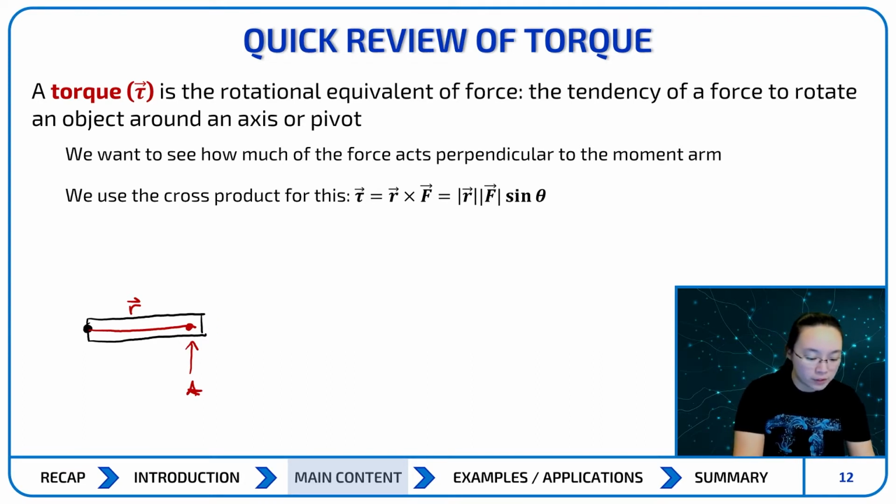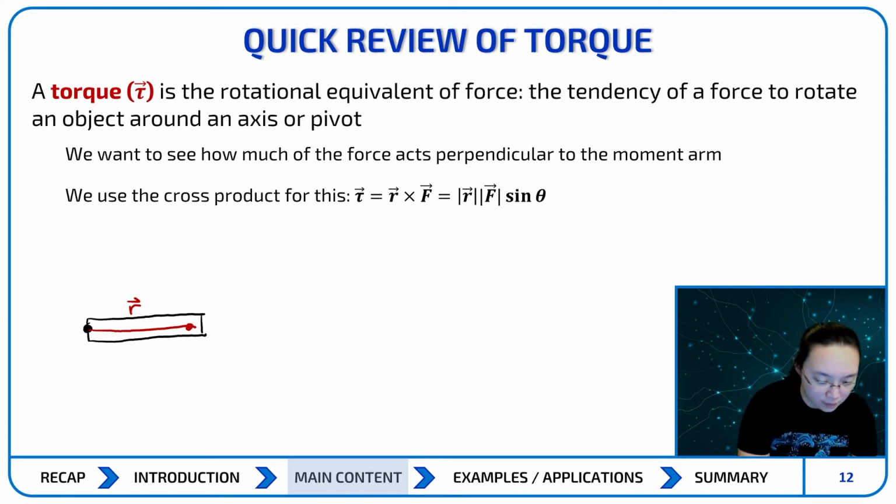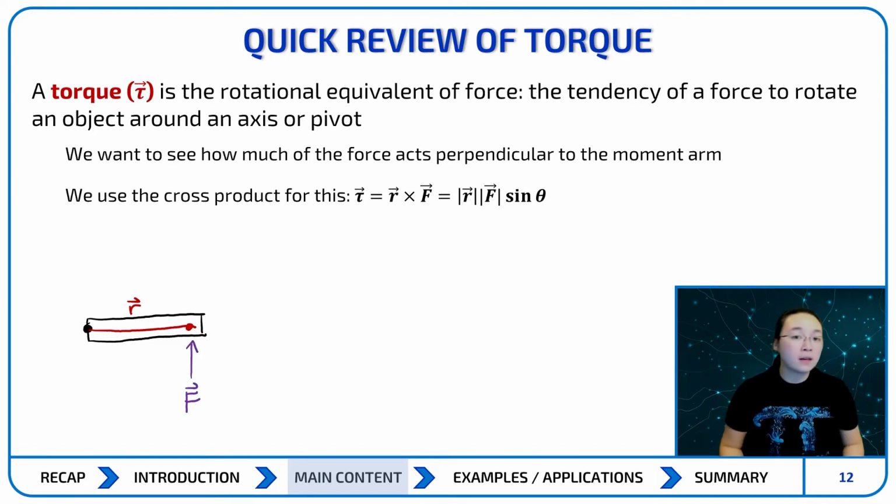Let me erase this. I do want my force to be over here at this red dot. If I apply a force at this red dot, then now I can start my analysis. I want to see how much torque I have.